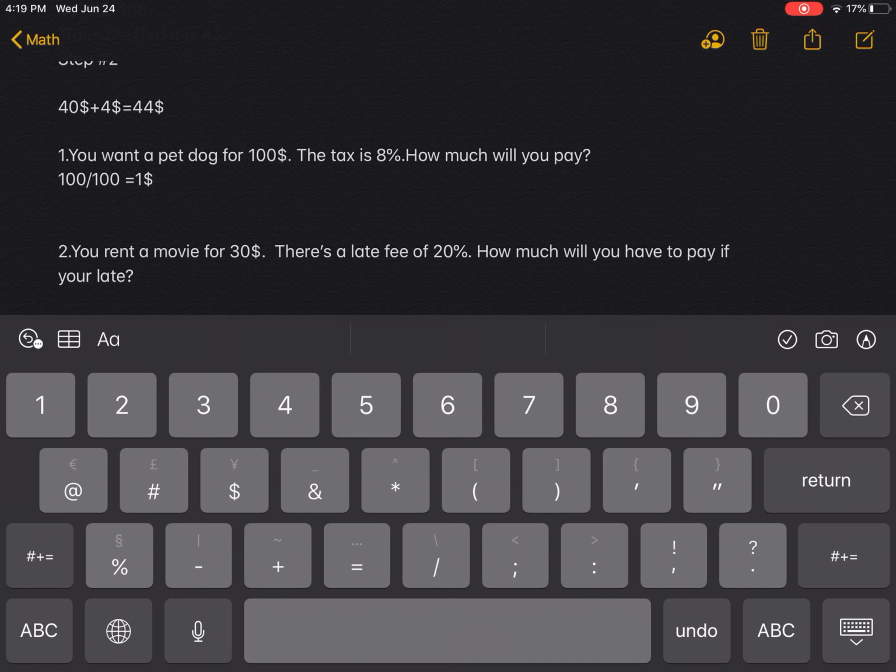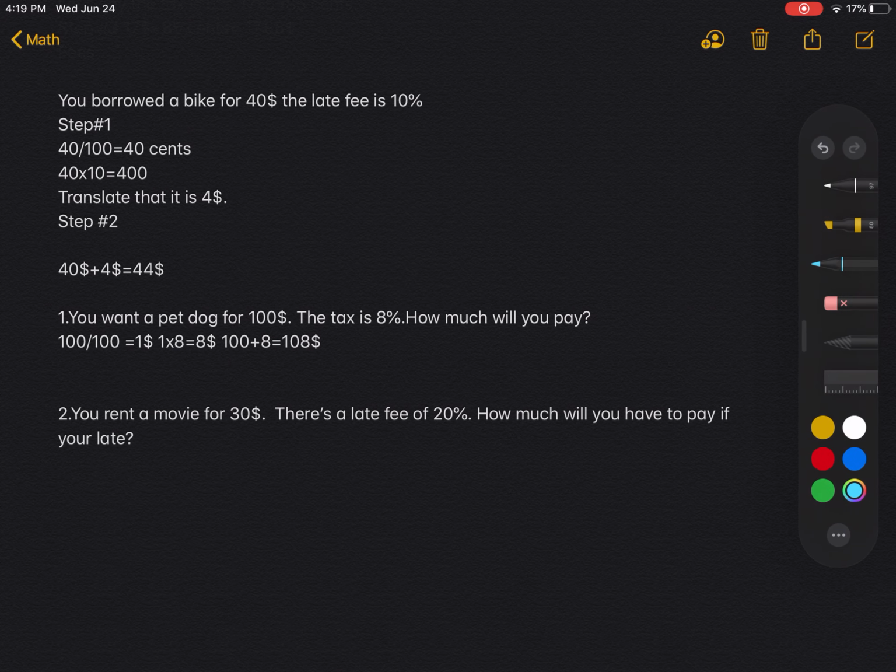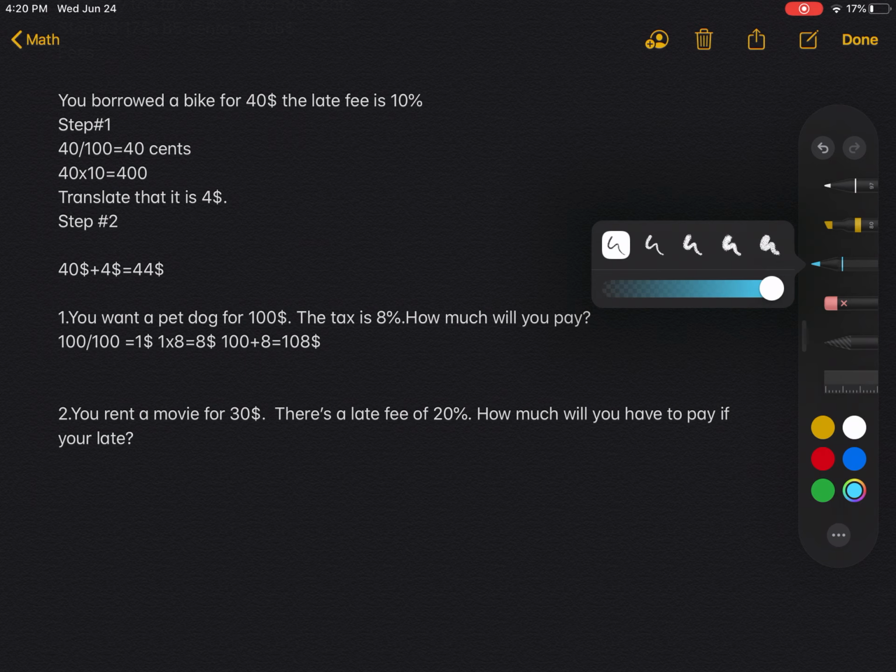So then you do 1 times 8, and that equals $8. So now you do 100 plus 8, and that equals $108. So that's the answer for problem number 1.